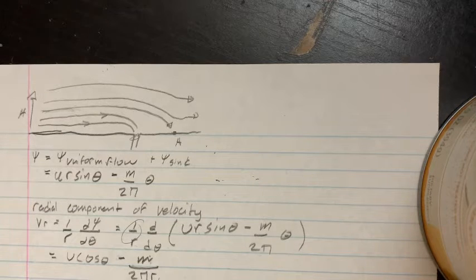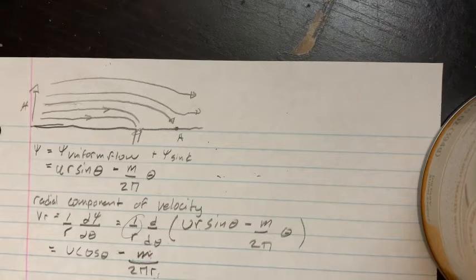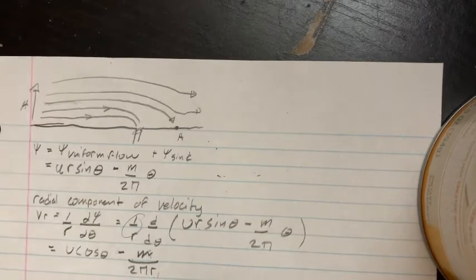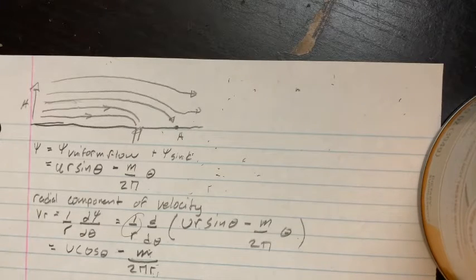After doing the derivative, you get a value of negative U sine theta, as such.